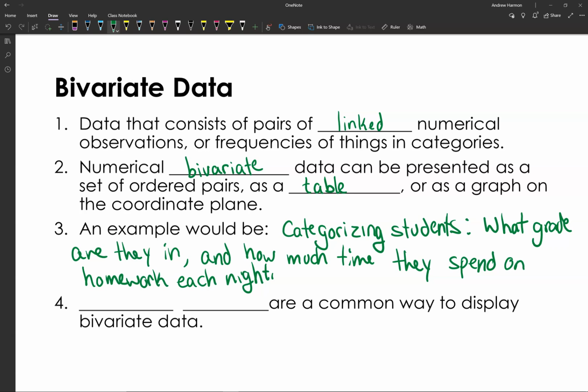The grade they're in, and the amount of time they spend on homework. From there, we can make some inferences about grade level and the time spent on homework. Now, when we have these things, we're going to take these two sets of information and create frequency tables, because they are a common way to display this bivariate data.